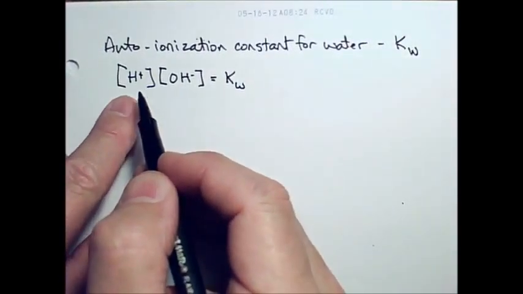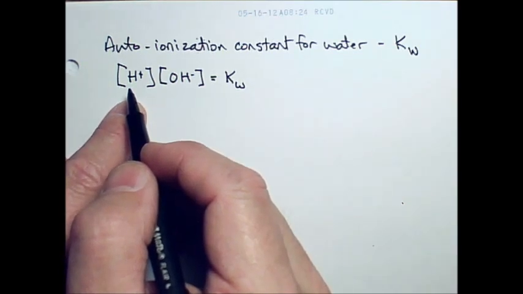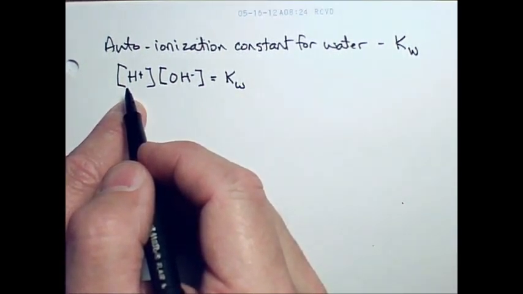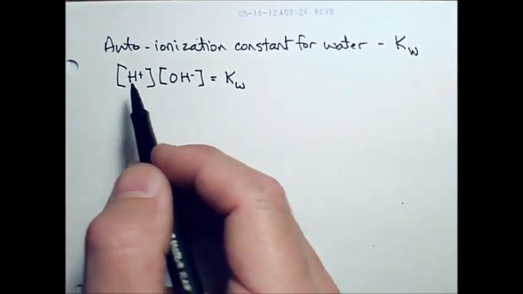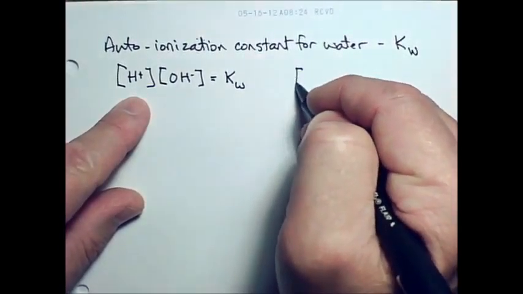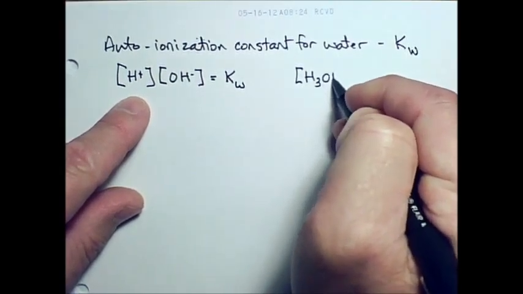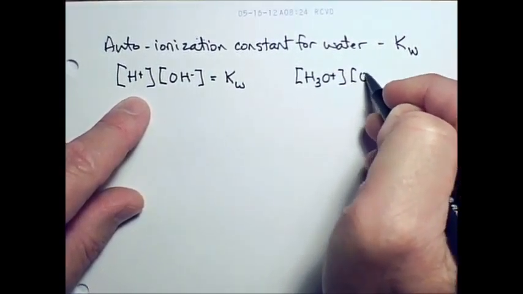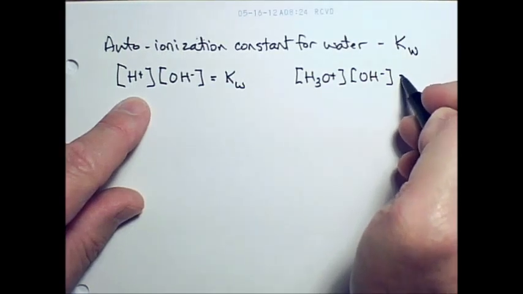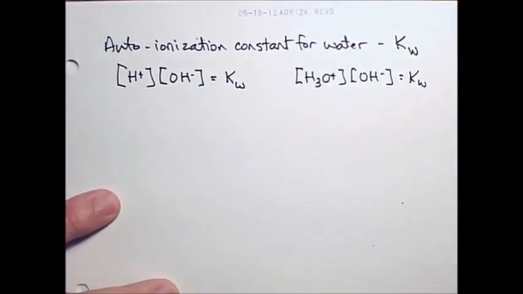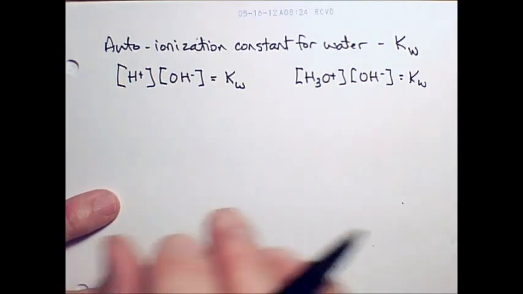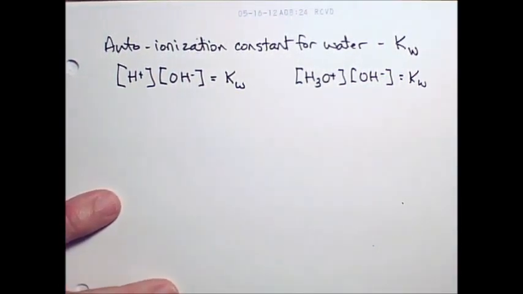And since the concentration of hydrogen ions means essentially the same thing as the concentration of the hydronium ions, just using 2 different acid-base theories, then H3O plus, which is hydronium, times hydroxide, is also going to equal this Kw. All the time, every time, as long as you're at roughly room temperature water. Okay?